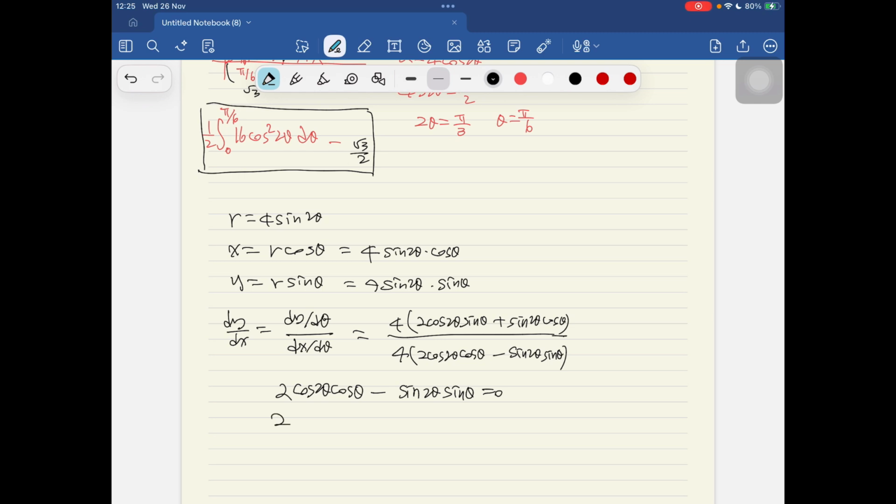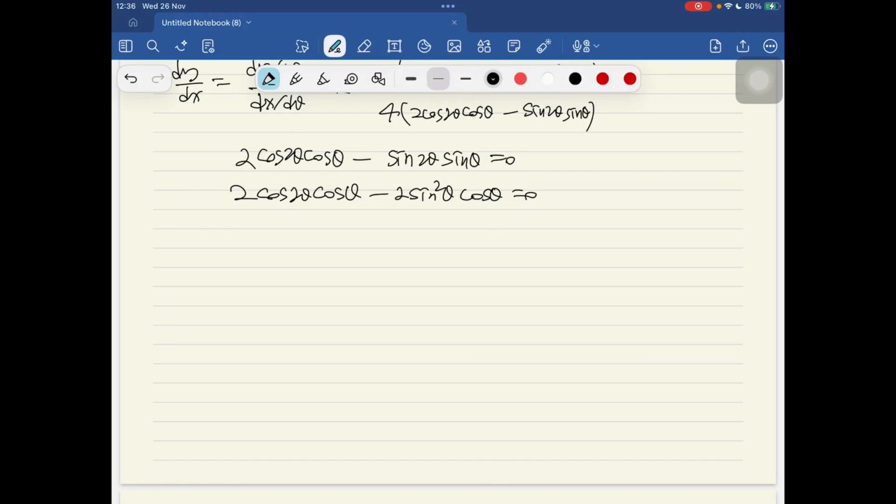So here, cos 2 theta cos theta minus 2 sine squared theta cos theta becomes 0. So here 2 cos theta, and this is cos 2 theta. So let me make it 2 sine squared theta minus sine squared theta becomes 0. So sine squared theta is 1 over 3. Therefore, sine theta is 1 over square root of 3.